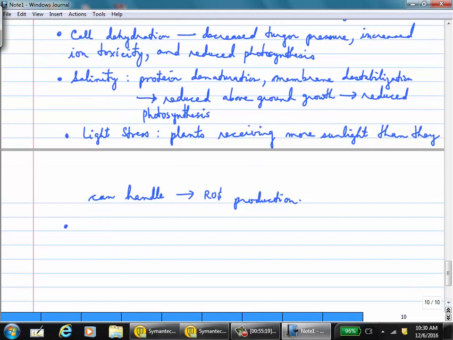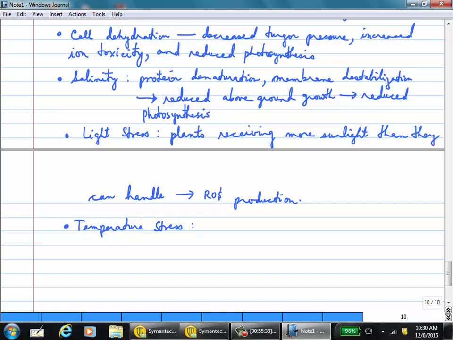Then temperature stress. The temperature is too high or too low. Again, temperature stress is going to mess up protein stability. Like if you look at an egg, if you boil the egg, what happens to that protein outside? It all becomes white.